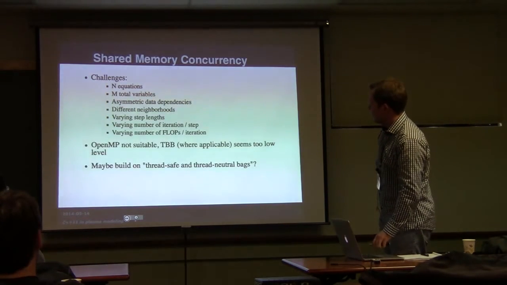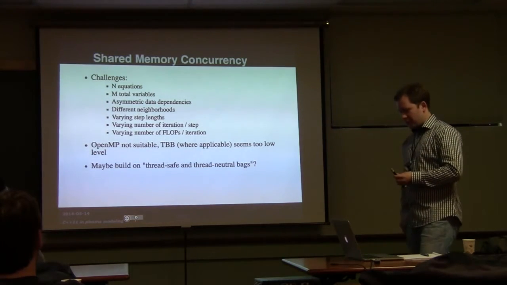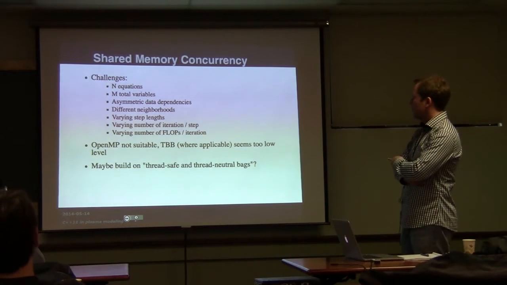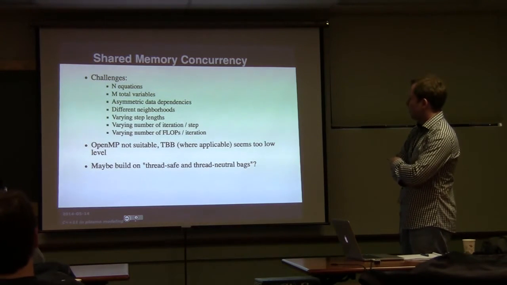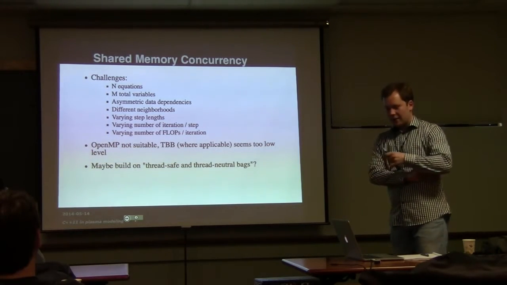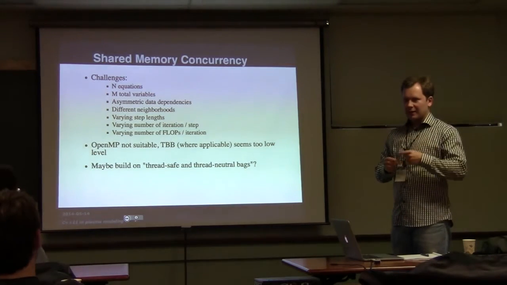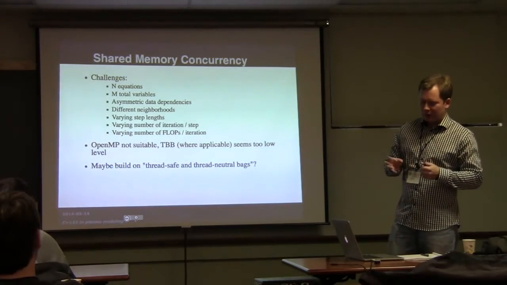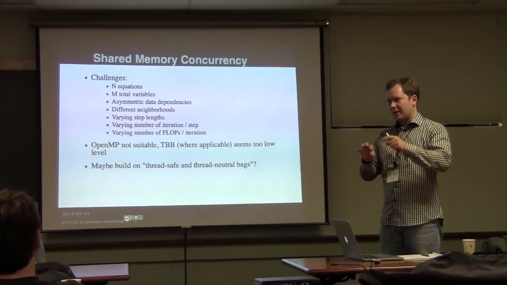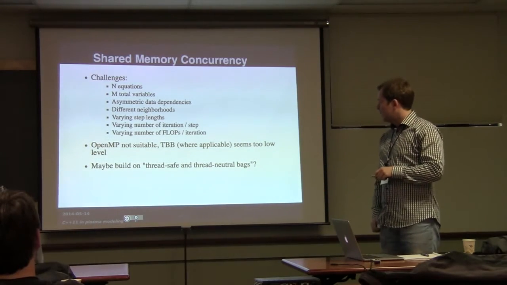But then there are more complicated programs. So first of all, you have n equations, then each of them has several variables, and then the data dependency between different cells is not symmetric. So for example, in adaptive mesh refinement, the smaller cells don't need the data from as far away as the big cells and stuff like that.